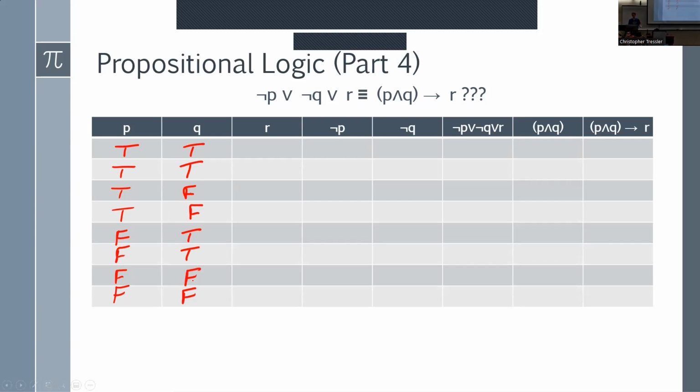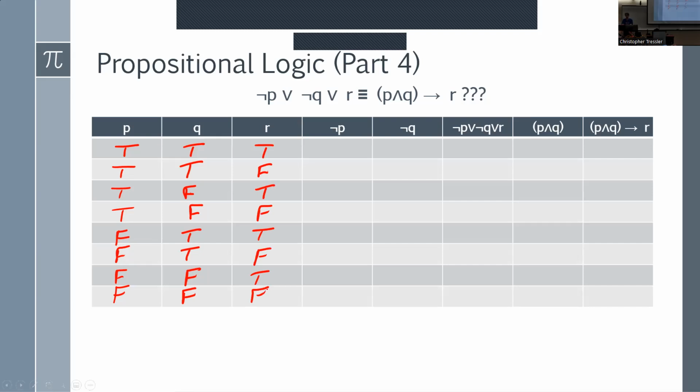It's just the way I find easiest to show, and you can do it every time. If you used a slightly different order, it would still work as long as you have all of the combinations, but if you memorize this little trick, it makes it much easier. Then for the third, we have true, false, true, false, true, false, true, false.